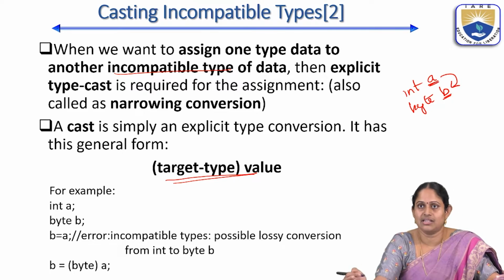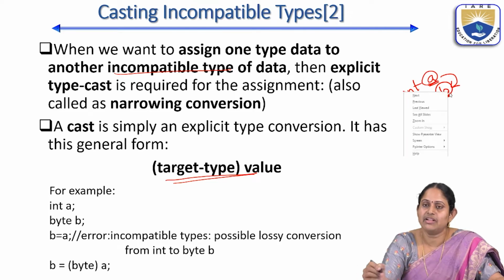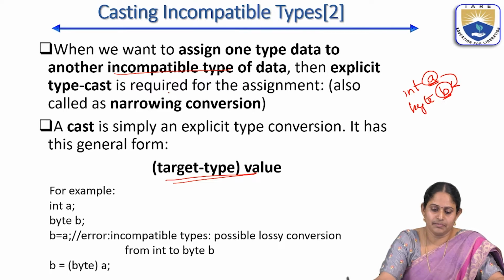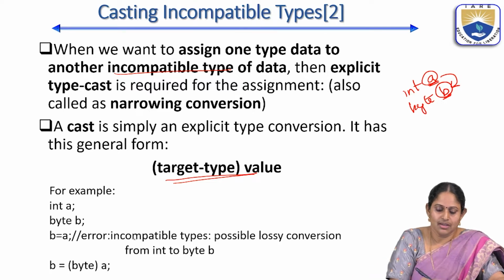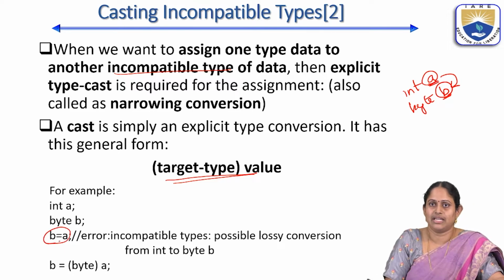Now if we want to store a into b, what happens? Integer is larger in size, but byte is smaller in size. So when an integer value is stored into a byte variable, there will be a lossy conversion. Some part of the data will be lost. That is narrowing conversion. If we directly write it like this, it will throw an error.